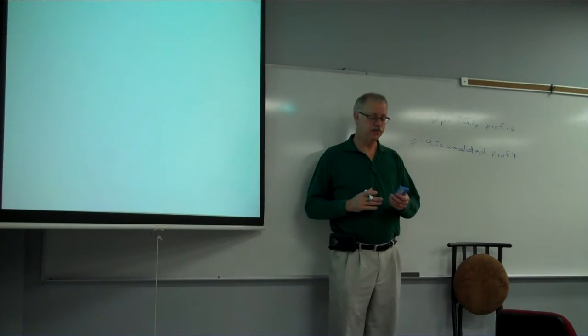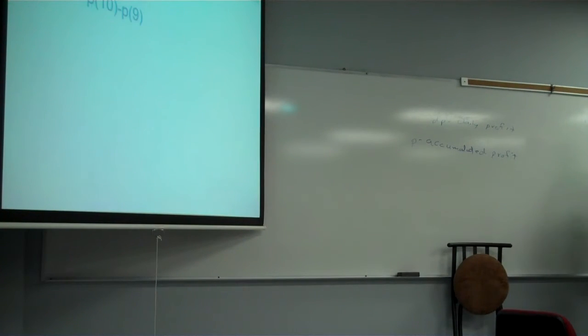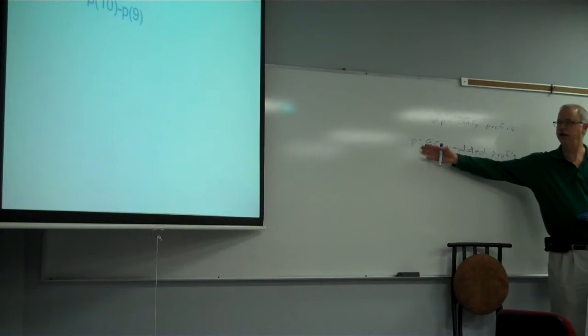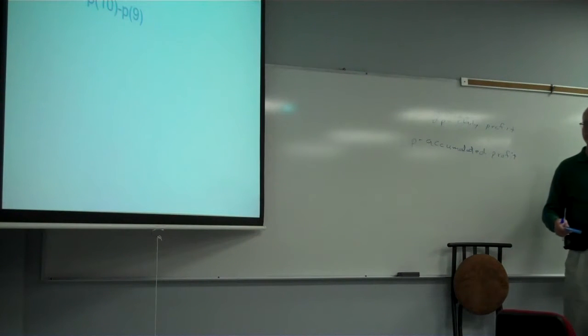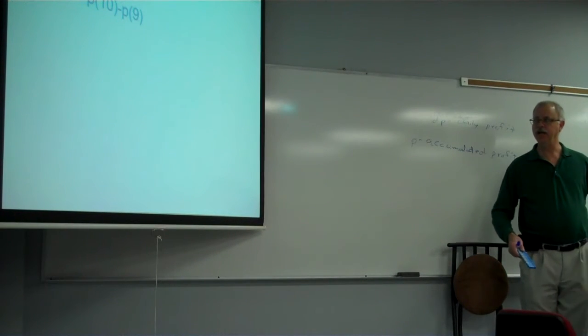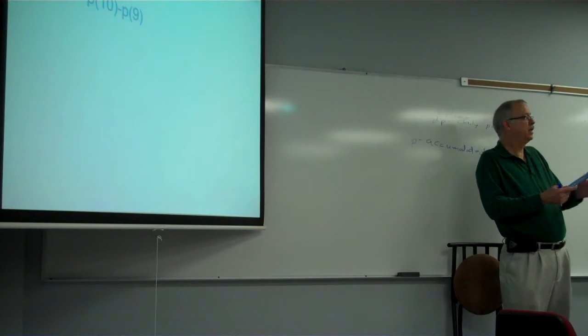And if we think about it, I think we can come up with what the relationship between these 2 would be. If we had the accumulated profit, and we knew how much we earned after 10 days and how much we earned after 9 days, we could figure out how much we must have earned in the 10th day. What was the end balance sheet after 10 days minus what it was after 9 days? Well, that changes what you got that 10th day.